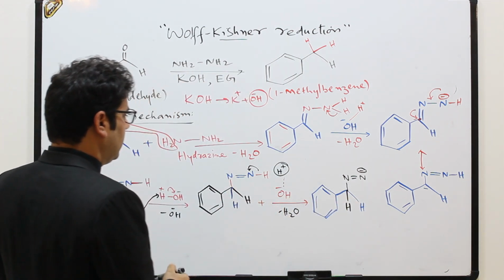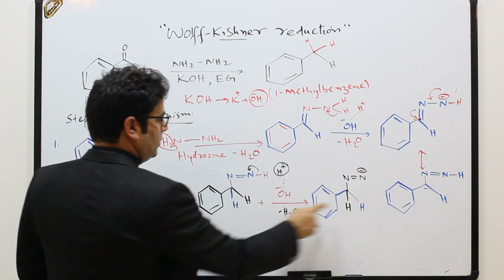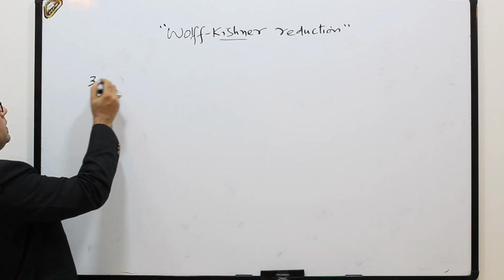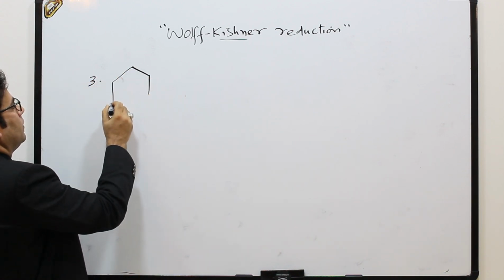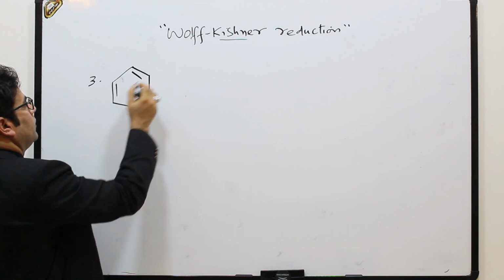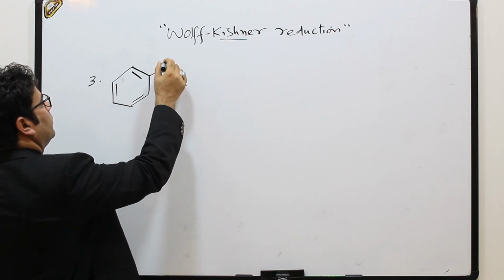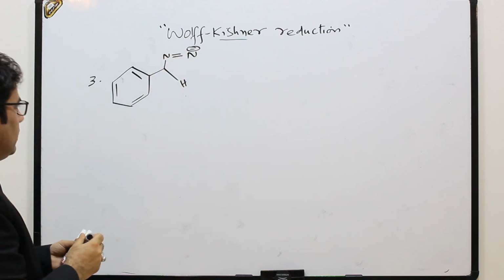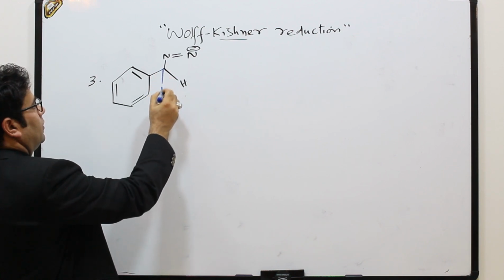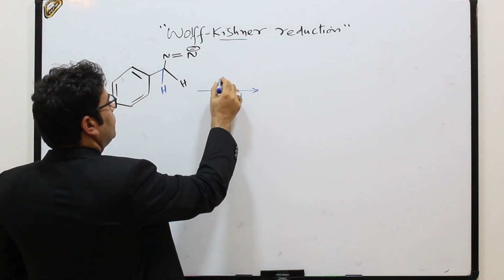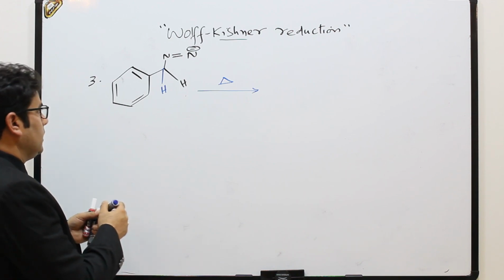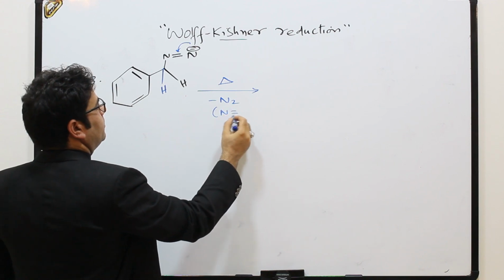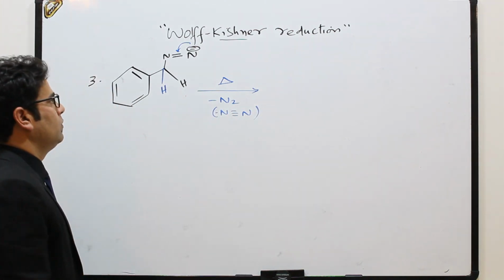There is also another hydrogen already here, and N double bond N. The third step will be: if we give heat to this molecule, it will be easy to release N2 gas as N triple bond, and it will be bubbled out.